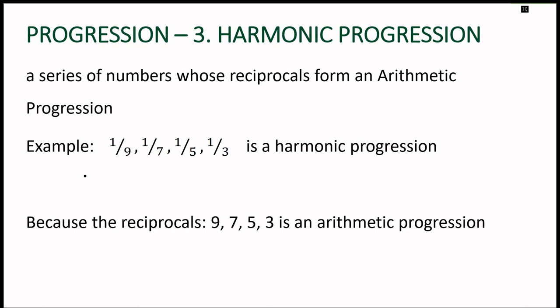So the reciprocal of 9,753, then it is an arithmetic progression, so negative 2, negative 2, negative 2. But it becomes a denominator now instead of numerator.